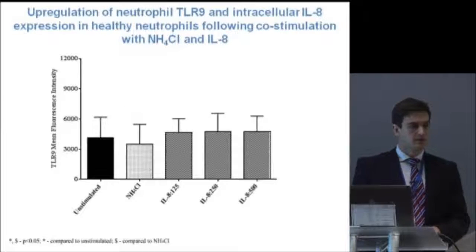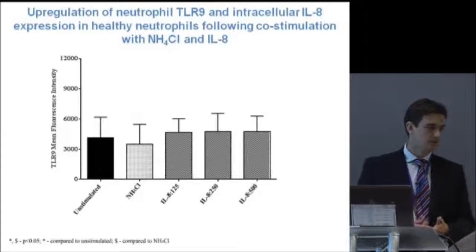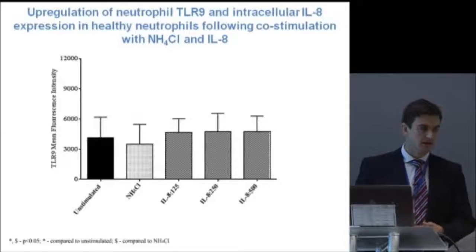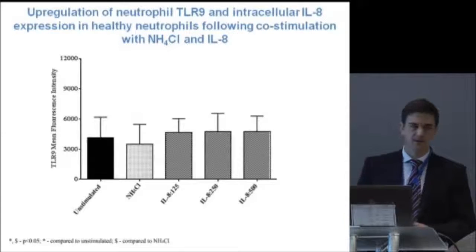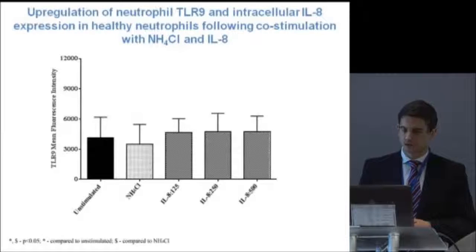So taking that forward, to try and identify a causative relationship between interleukin 8, ammonia, and neutrophil TLR9 expression, we did some ex vivo studies on healthy control neutrophils, and we stimulated these neutrophils with either ammonia or different concentrations of interleukin 8 that reflected the levels that we were observing in paracetamol-induced acute liver failure.